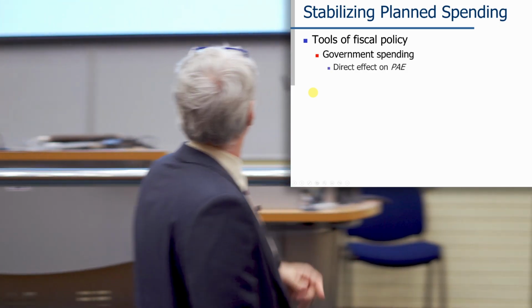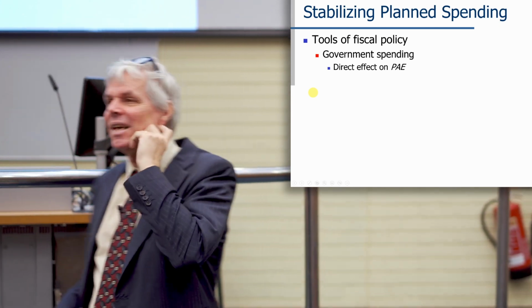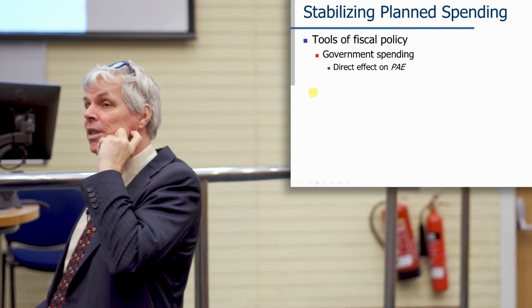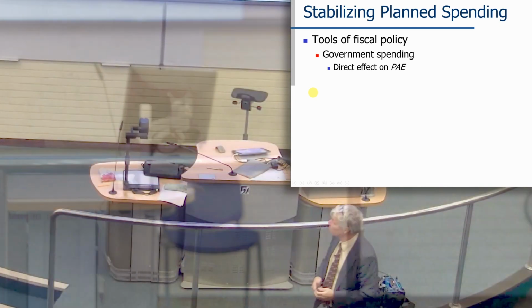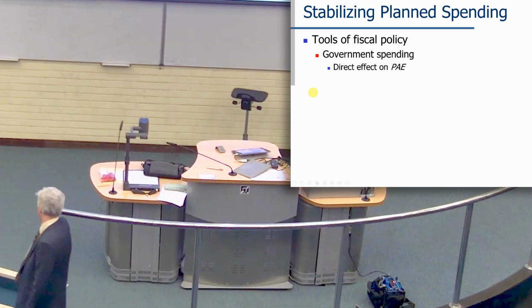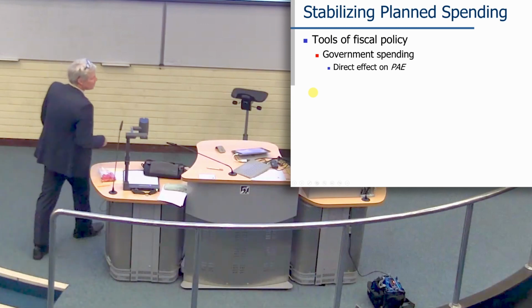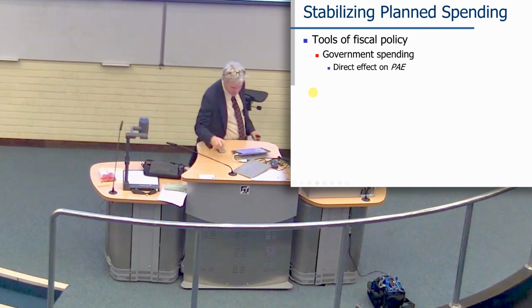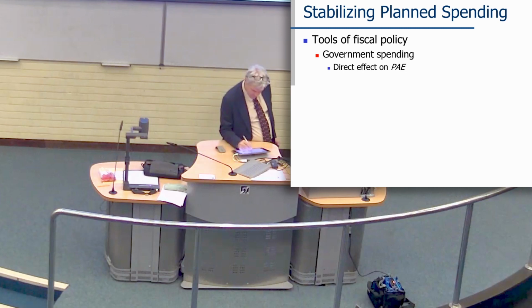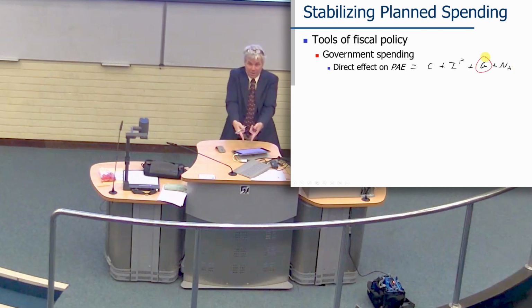So that's going to be government spending. And government spending has a direct effect on planned aggregate expenditure, in the sense that, you'll remember, way back in the day, planned aggregate expenditure is just equal to C plus I^P plus G plus net exports. Look, there it is, directly there.